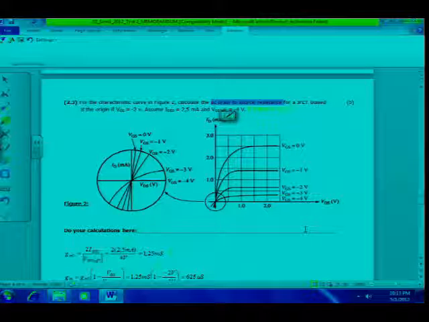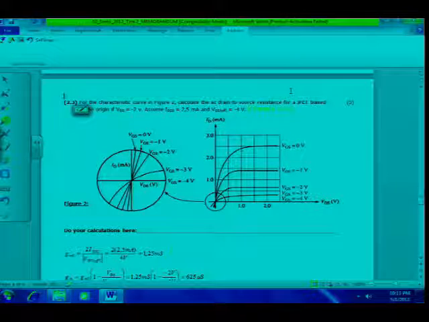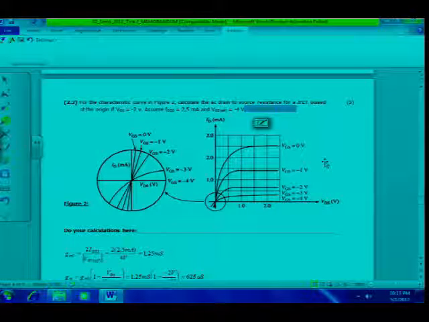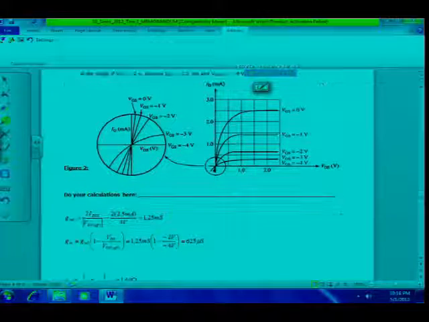For a JFET biased at the origin of VGS, if VGS is equal to minus 2 volts, assume that IDSS is equal to 2.5 milliamp and VGS off is equal to minus 4 volts. And as you can see there, this was example 8.15. So please make a note in your books if you want to do revision.